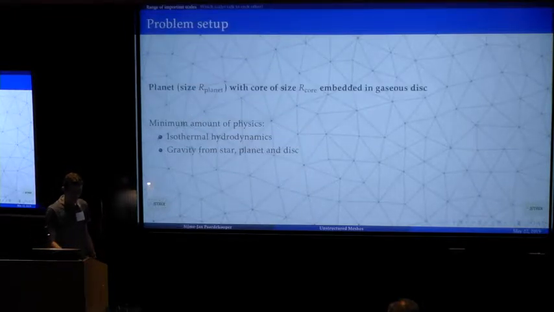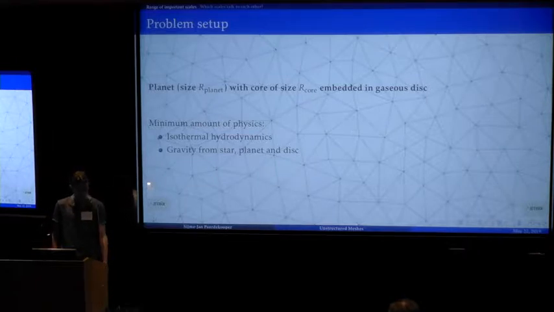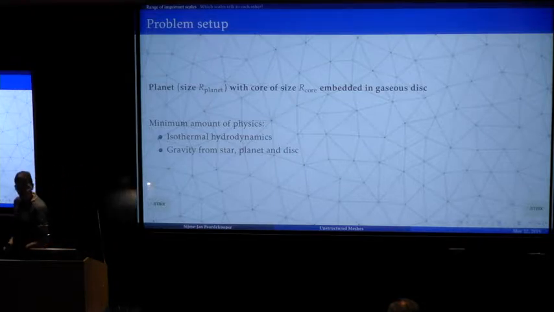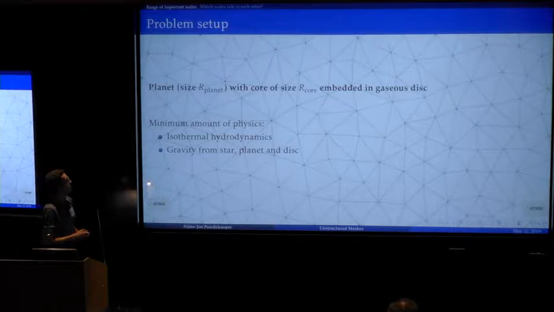But first of all, the very basic problem that's been discussed extensively already. We have a planet, perhaps Jupiter. If it's Jupiter-sized, it might have a solid core of a certain radius as well. And of course, it's embedded in a gaseous disk.